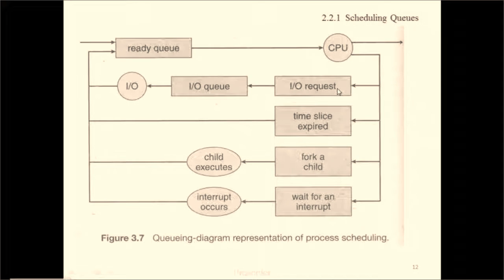In that case, obviously it has to wait. Since it has to wait, upon receipt of the I/O request, the process goes into the I/O queue. When its number comes, it completes its I/O, and when it completes its I/O, it goes back to the ready queue.